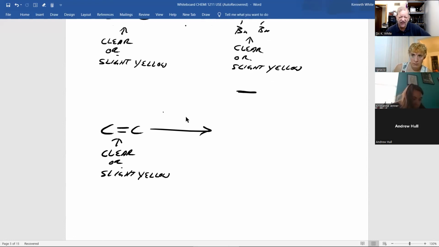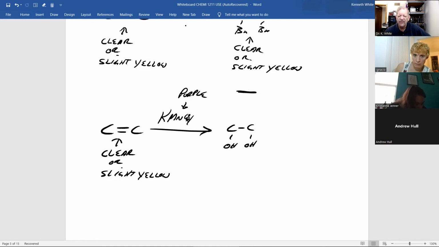And potassium permanganate, KMnO4, is a purple color solution. It's a solution in water, and you put a little acid in there. Purple. Now, if it reacts, it breaks the pi bond. Each carbon of the double bond gets a hydroxyl group.